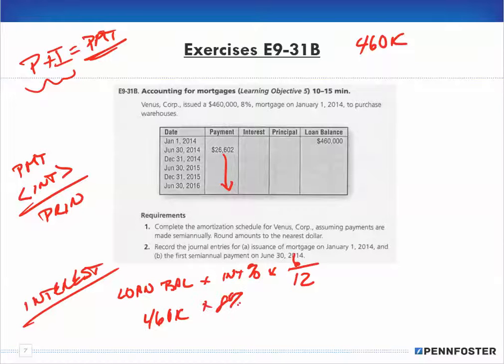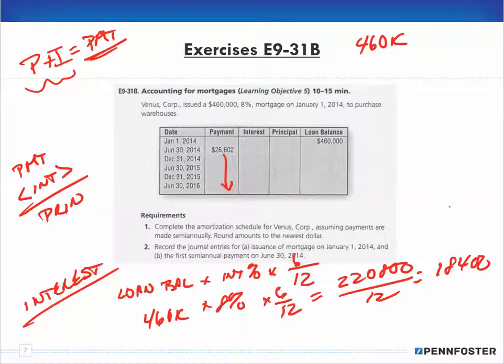times 8%, times 6/12. And if we do the math, 460,000 times 0.08 times 6 gives me 220,800, and I divide by 12, which gives me $18,400 of interest.